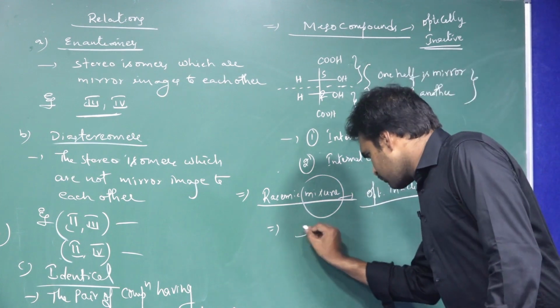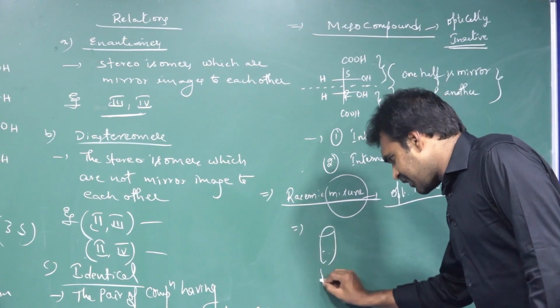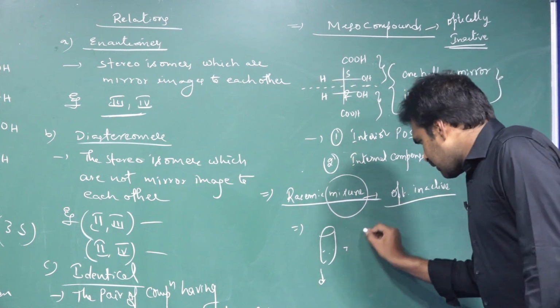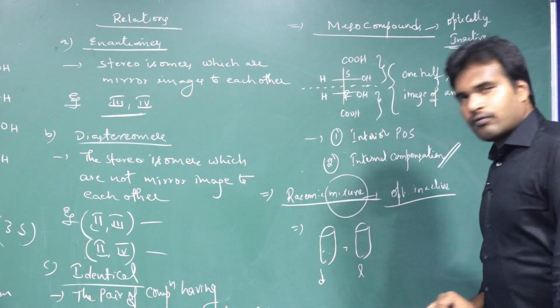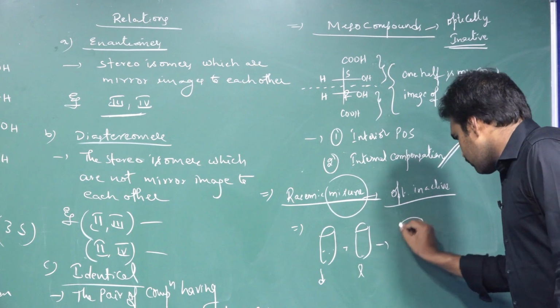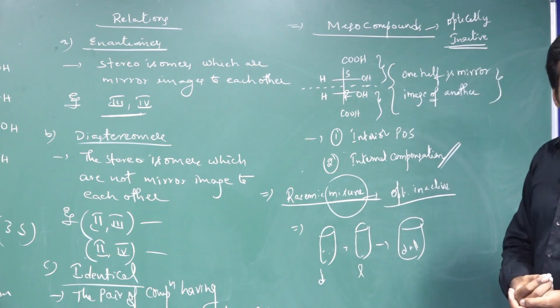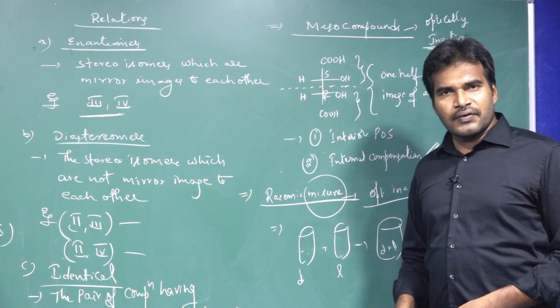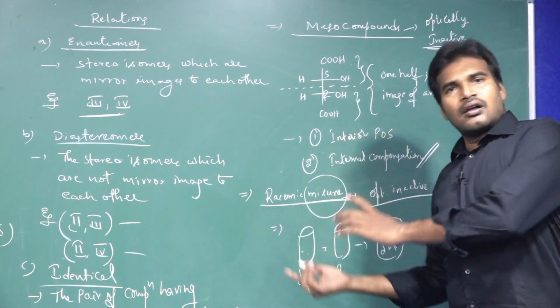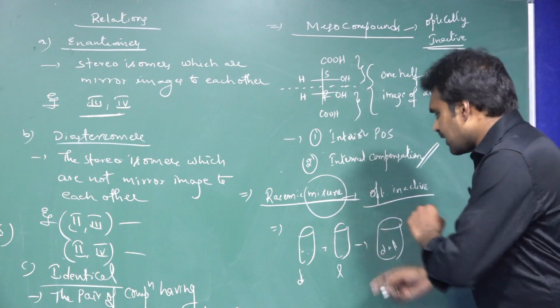Just imagine a compound, this is the dextromer, and another compound, this is levo. Now I am mixing both, so in this mixture both dextro and levo are present. What will the dextro compound do? It rotates the plane polarized light to the right side. What will the levo compound do?